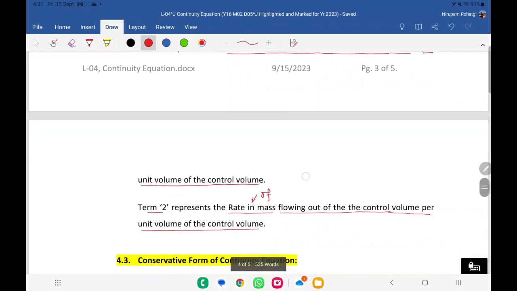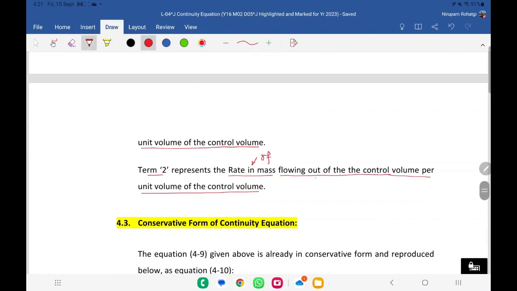So this is telling you the rate of mass flowing out of the control volume per unit volume, and we should write it net rate. Something is going in, something is going out.